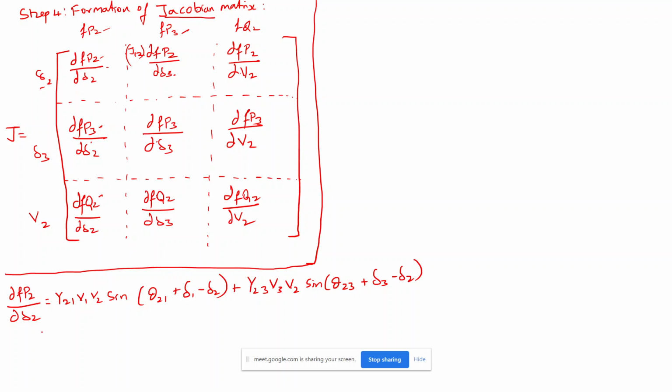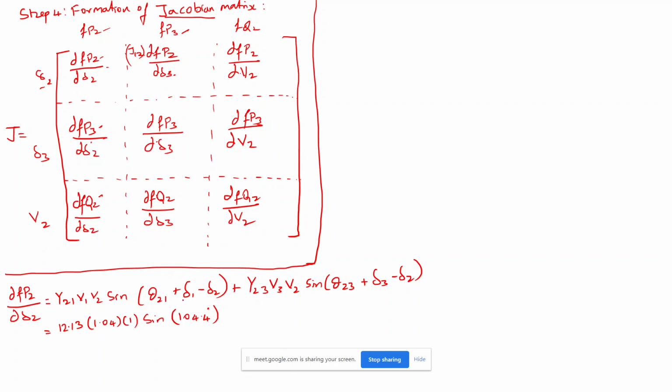Okay, and if I apply the values, the Y21 value is 12.13, the V1 value is 1.04, the V2 value is 1, and the angle theta 21 is 104.4 degrees.